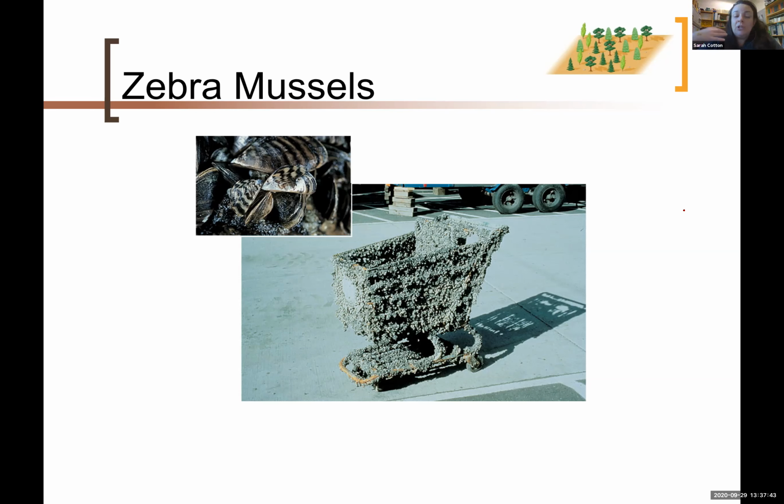And so what large ships do is when they're empty of cargo, they have these chambers inside of the ship where they suck up water that the boat is sitting in to make them heavier and more stable. And they call that ballast. And so typically when a boat is going from one place to another, either picking up cargo or dropping off cargo, they are picking up and dropping off ballast water wherever they're picking up or dropping off their cargo.